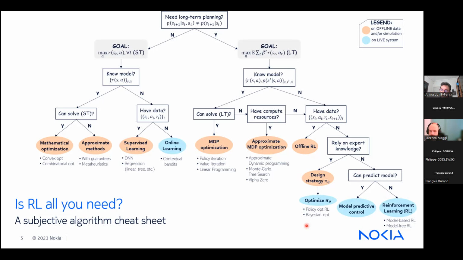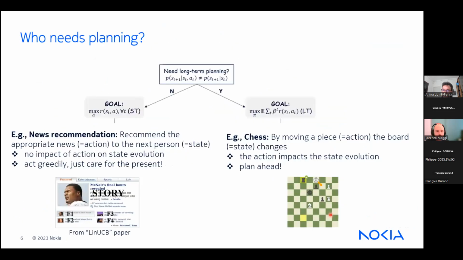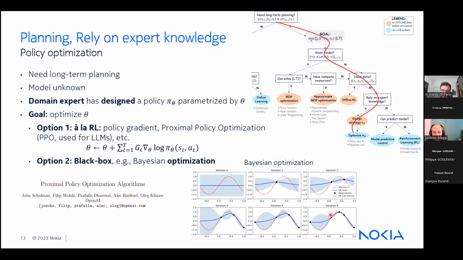This could work in your case, because when you design a strategy, let's say offline, and you say that this strategy should work well, but there are still a couple of parameters that you want to tune, what you do in order to optimize pi theta in a black box manner is you inject the theta and you wait for some time, and then you collect the long-term reward.